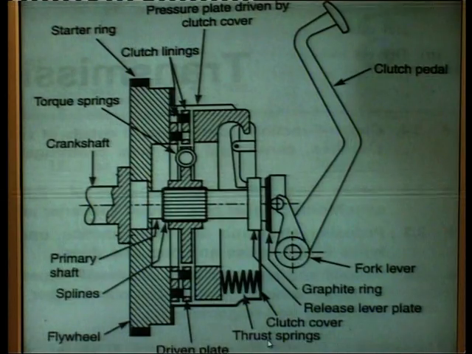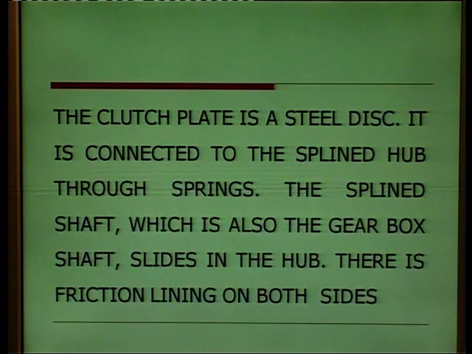Next is the clutch plate. Explaining the construction: the clutch plate is a steel disc. It is connected to the splined hub through springs. The splined shaft, which is also the gearbox shaft, slides in the hub.